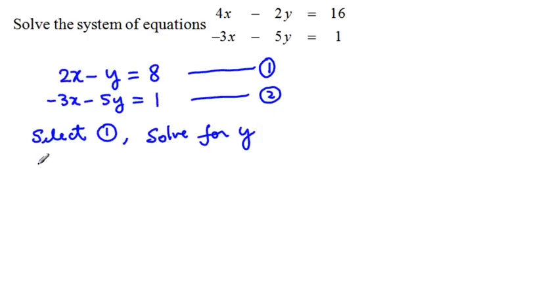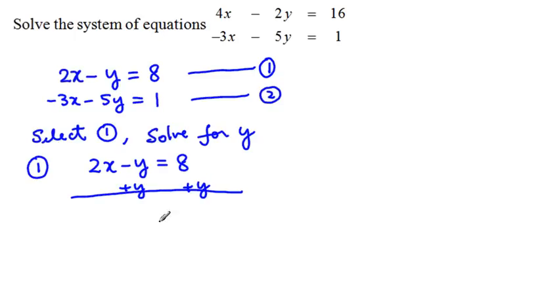We focus on equation 1: 2x minus y equals 8. I would bring the y to the right hand side because on the left hand side we have minus y. It would be better to add y on both sides. So we have 2x equals y plus 8.